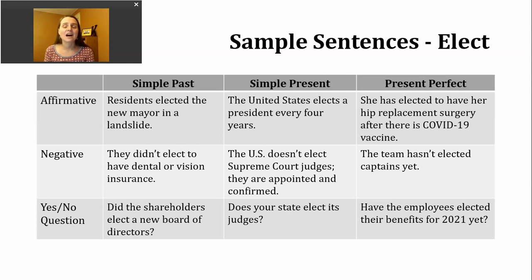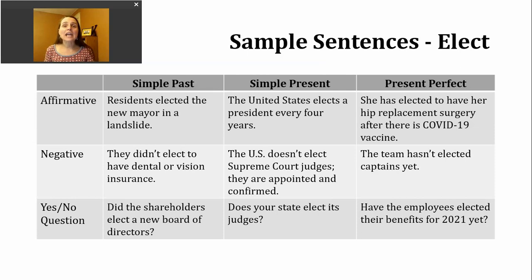And I realize maybe landslide might be a newer phrase for you. This is really trying to say that the new mayor had an overwhelming majority of votes. So the election wasn't very close between 2 or 3 candidates. There was a very clear winner.